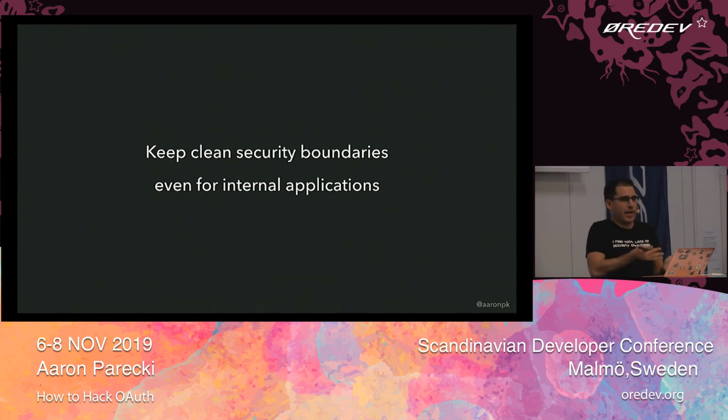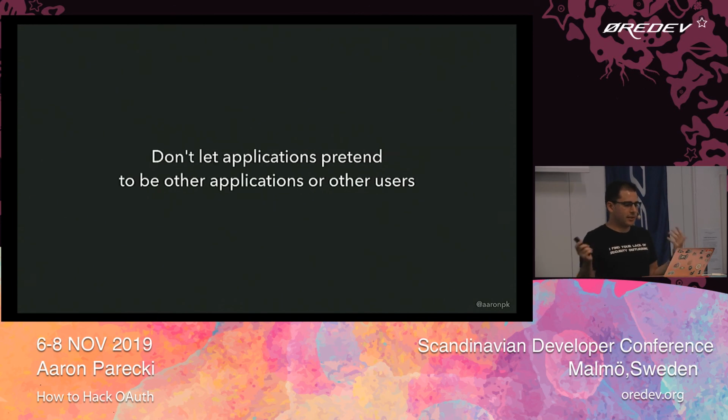Normally, the reason we have OAuth is so that everything in the system knows that the user did in fact land at the OAuth server, logged in, saw the request, and that's how the access token got issued, because the user was involved. So make sure you're treating these components of your apps the same way you would treat third-party apps, and don't let applications pretend to be other users, because even though you might think, oh, well, it's fine, it's our application, we're not going to do anything wrong.